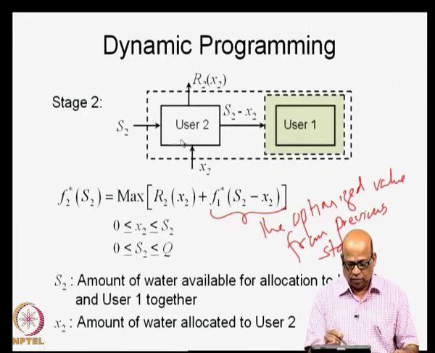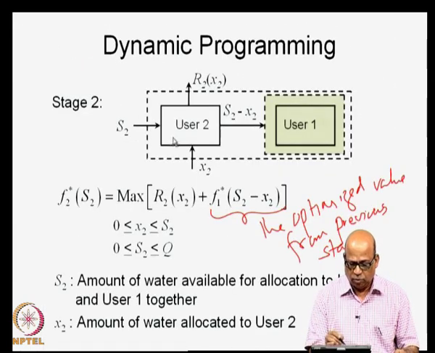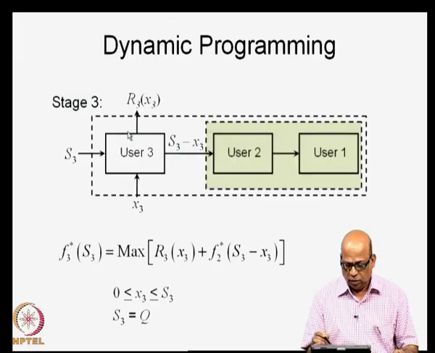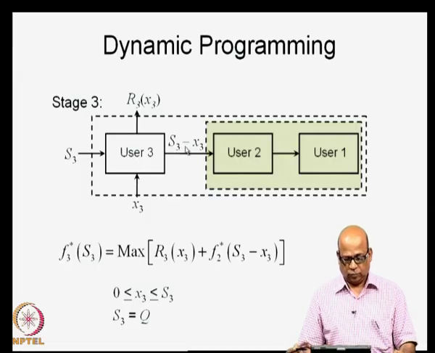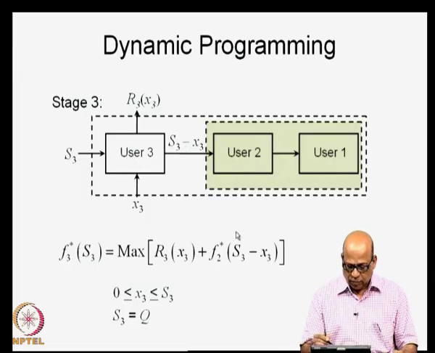In the previous stage, essentially you solved for user number 1 and user number 2 for a given value of S2, and this value of S2 comes from S3 minus X3, and that is the term that we write here.